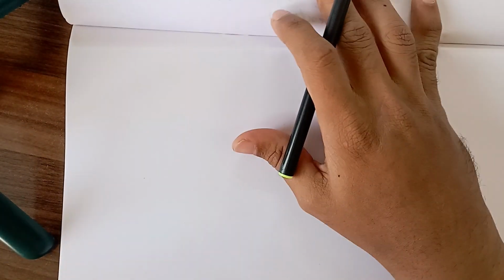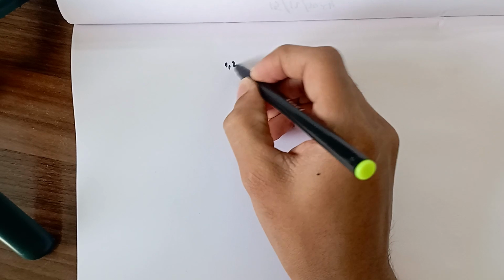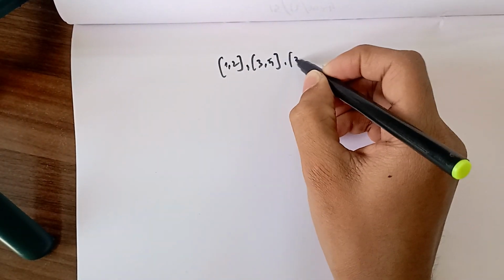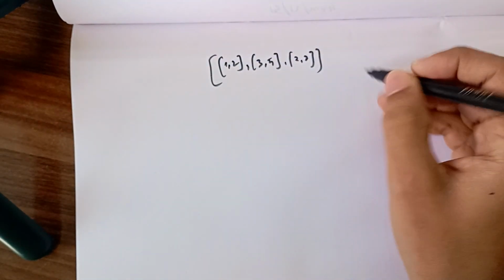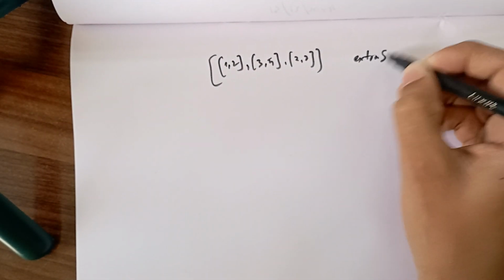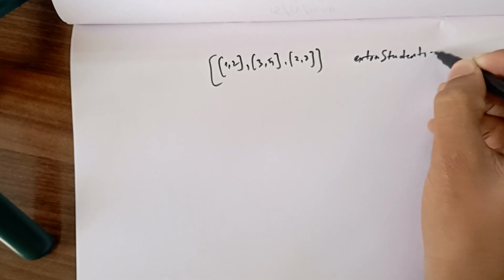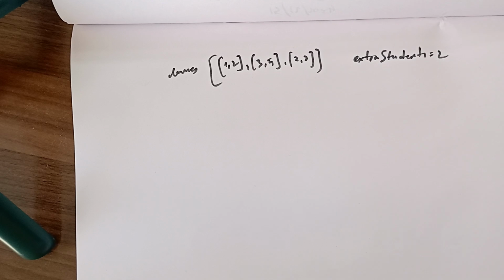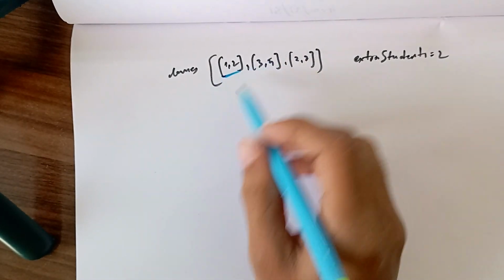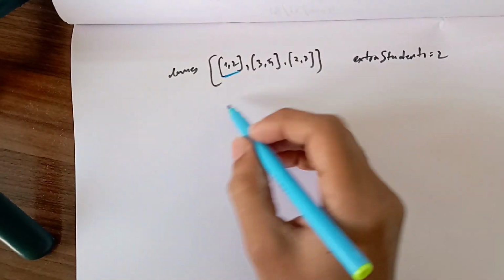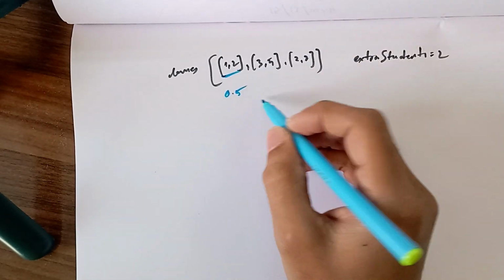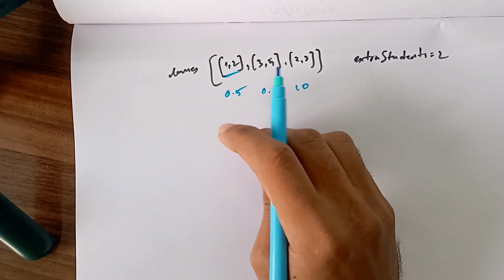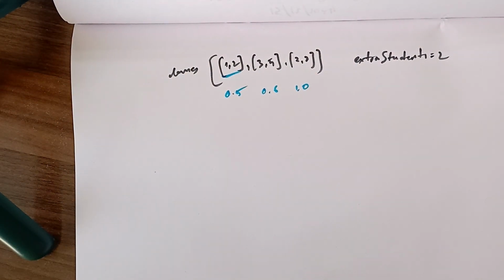Now we are given an example. Let us go through that example, and I will also explain what the main error or wrong assumption in this question is. We are given extra students equal to 2. Initially, 1 by 2 will be 0.5, 3 by 5 will be 0.6, and 2 by 2 will be 1.0. So these are the pass ratios initially.